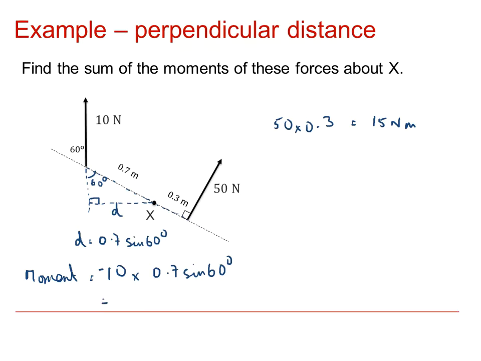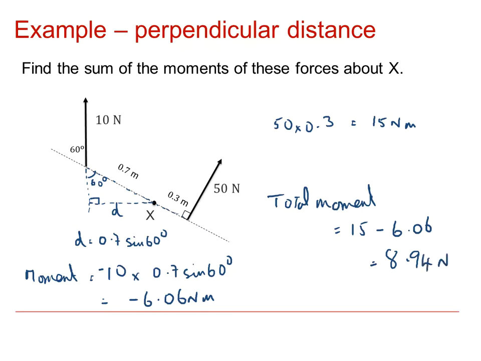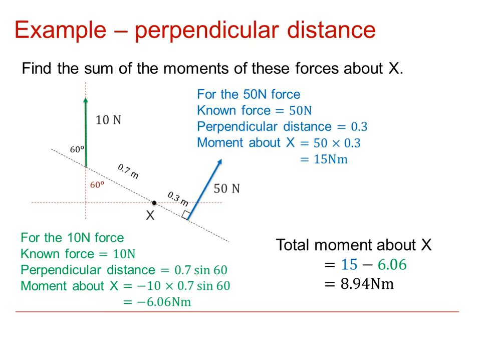And that turns out to be negative 6.06 Newton meters. So we therefore have a total moment being equal to the sum of those, which is 15 minus 6.06, so a total moment of 8.94 Newton meters.